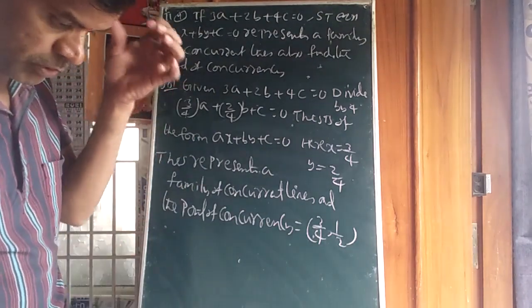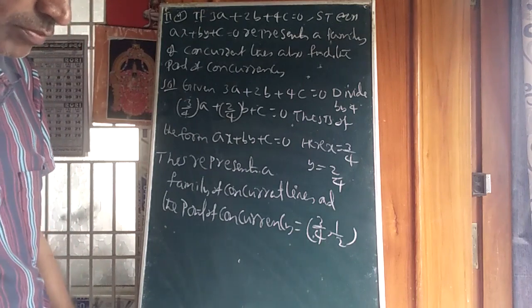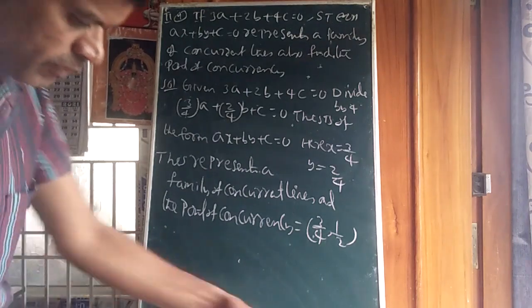Next, another example, the same model, 10th question, Roman number 2, page 56.